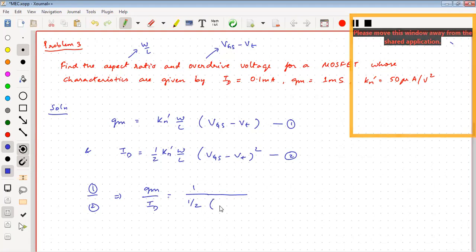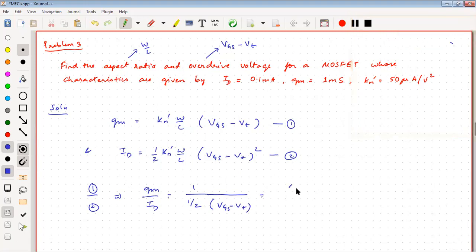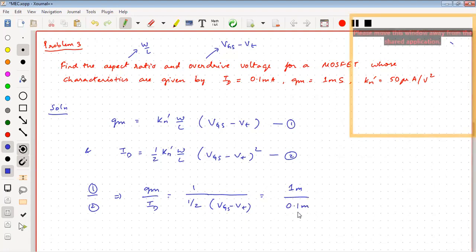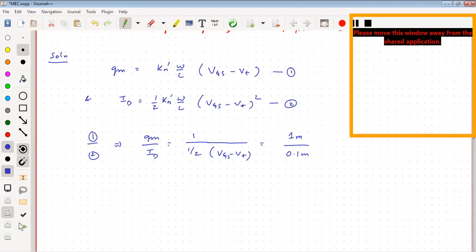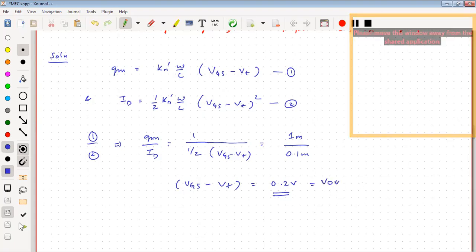We will be left with 2 by VGS minus VT. gm value I know is 1 milli Siemens, ID is 0.1 milli. So from this I can get VGS minus VT as 0.2 volts. So this is nothing but overdrive, VOV.